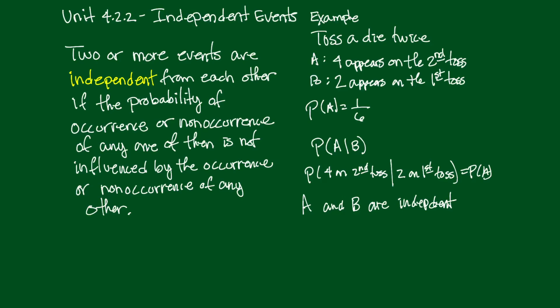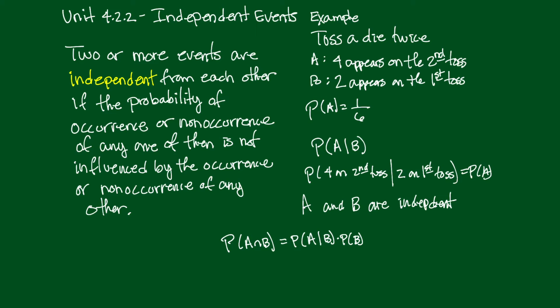Now, we had a formula in the last section for the probability that A and B both occur. That formula was: the probability that A occurs given B occurs times the probability that B occurs. That was the formula we developed in the last unit.